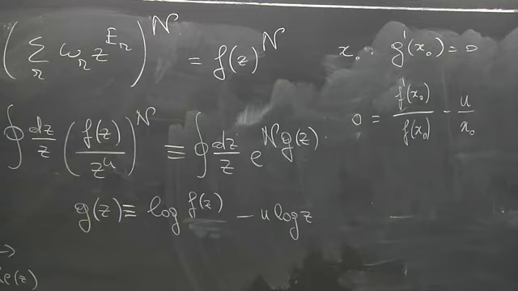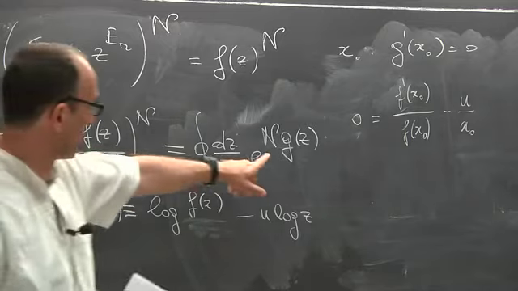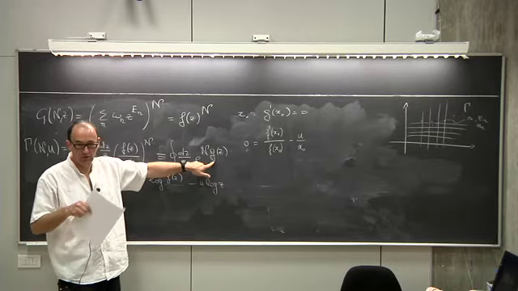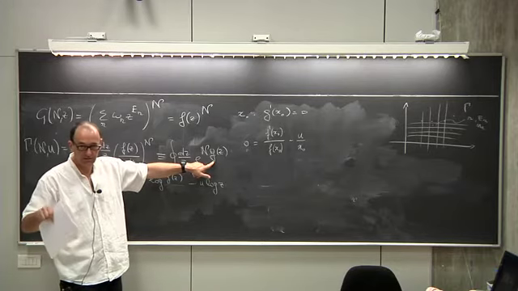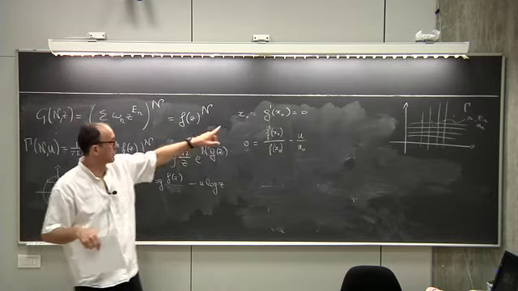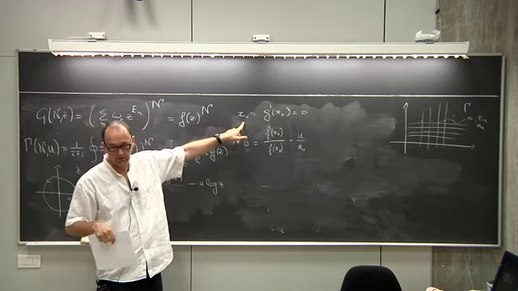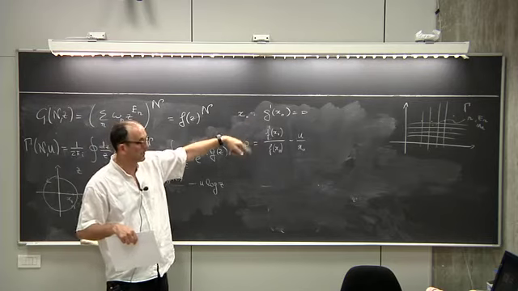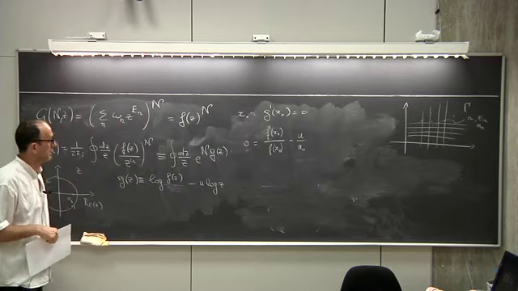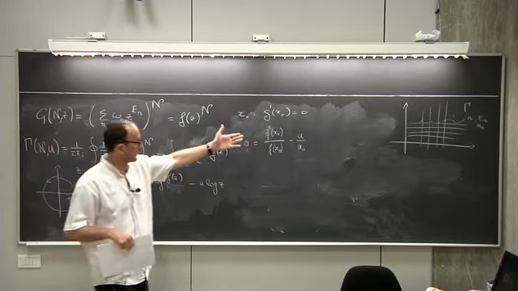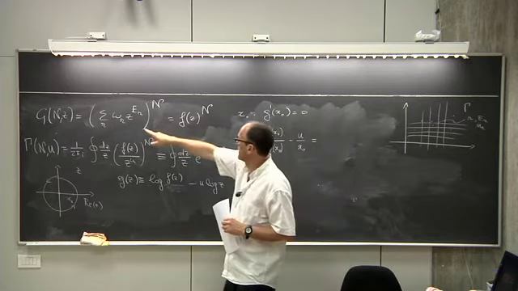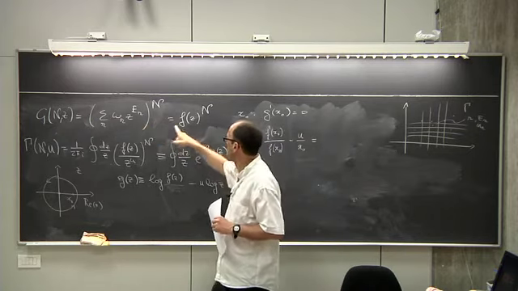And what I'm saying is that g of z must have a minimum along the real axis of z. And this minimum I call x naught, and I'm looking for this minimum.